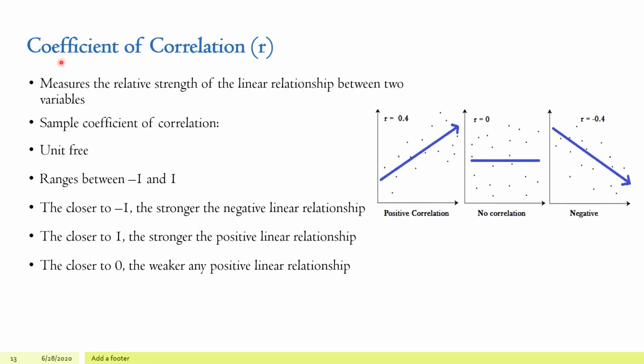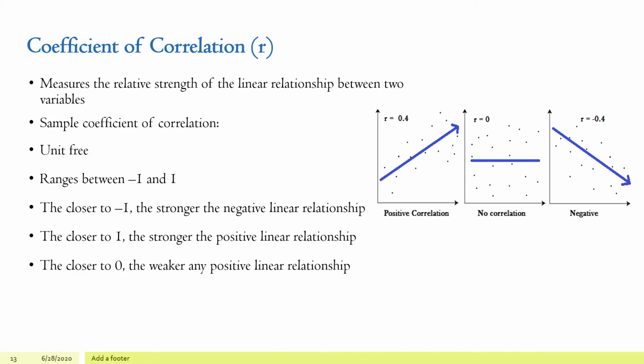This is the coefficient of correlation. It measures the relative strength of the linear relationship between two variables. I have already discussed this in the previous lecture class. This is the x-axis, this is the y-axis, this is the independent variable, this is the dependent variable.